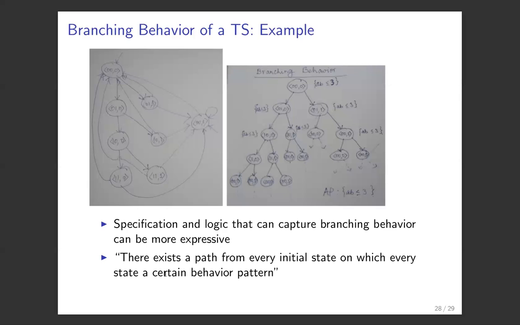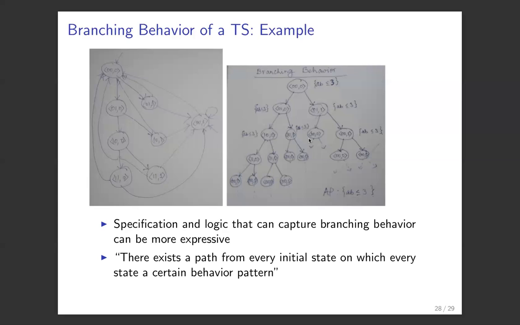So intuitively, when you have a branching behavior, you can talk more about it; this logic is a bit more expressive, but you will be surprised. So we will also introduce variants of temporal logic that capture branching behavior.